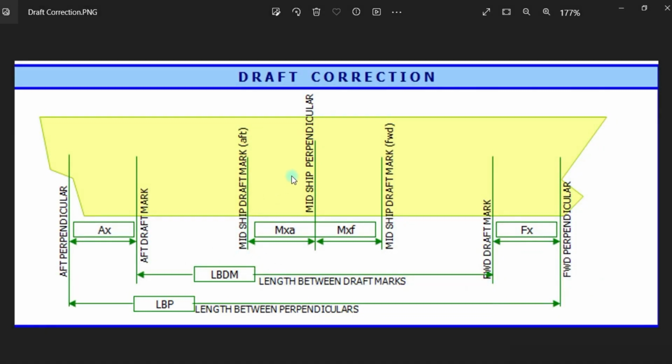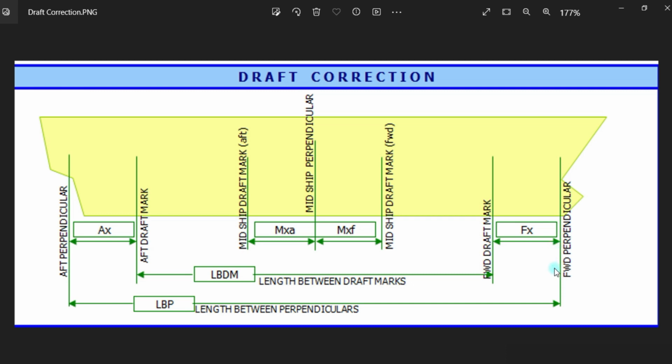This is the draft correction. So this is your aft perpendicular, and this will be your forward perpendicular. From the aft perpendicular to your forward perpendicular is your length between perpendiculars, LBP. And we have what we call the forward correction, which is Fx.